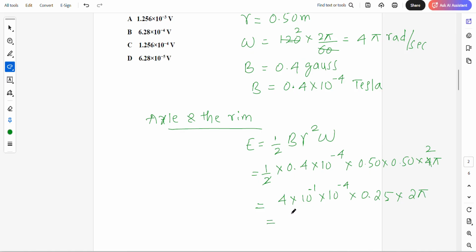That is equal to, 4 into 0.25 can be written as what?